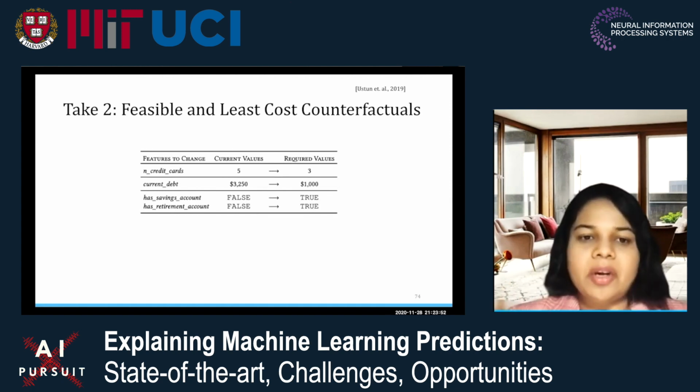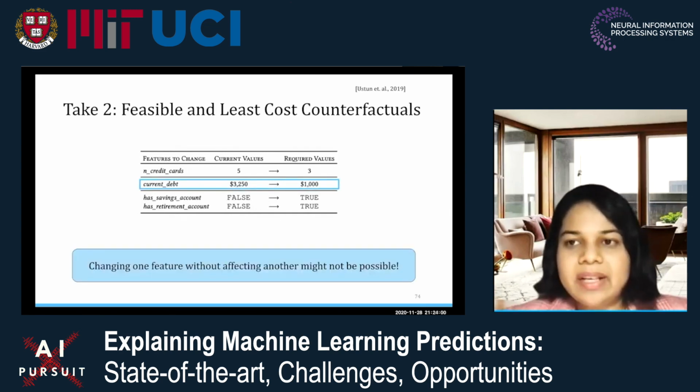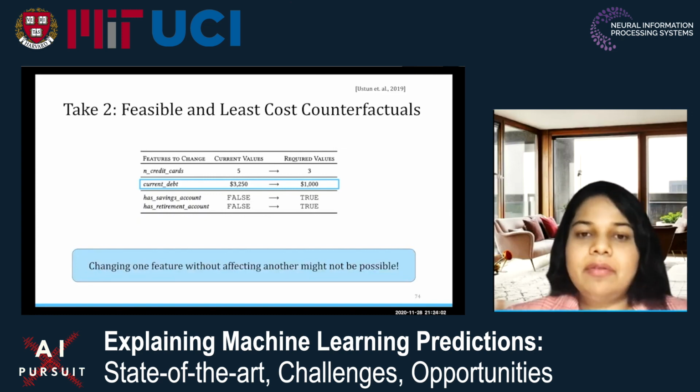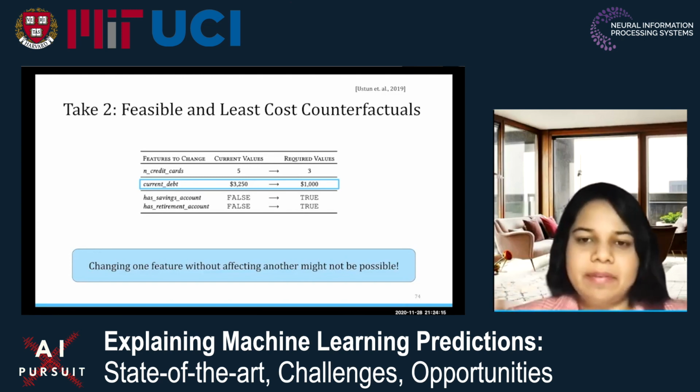One thing I would like to point out here is that in this particular context, when we think of the current debt changing, it could also potentially affect other features. And in fact, in a lot of real world settings, changing one feature without affecting another is almost impossible. So how would this really affect counterfactuals, or would it affect at all?